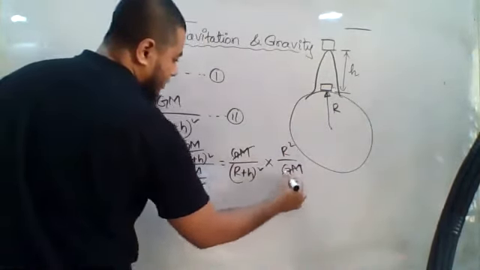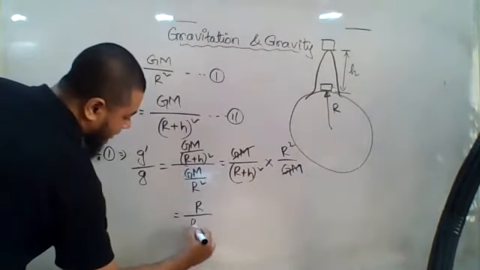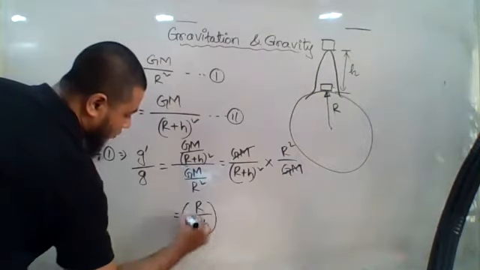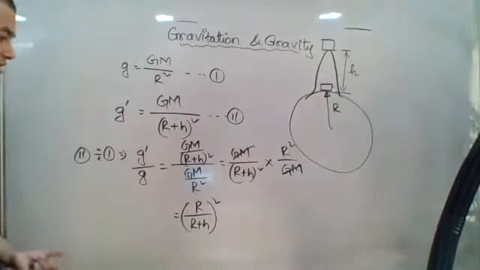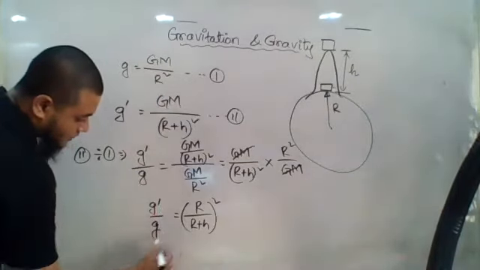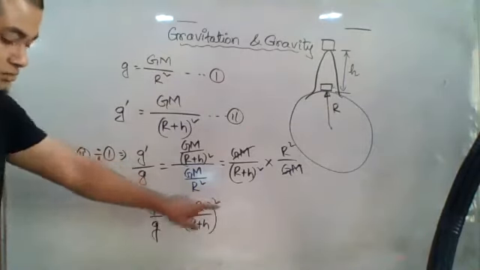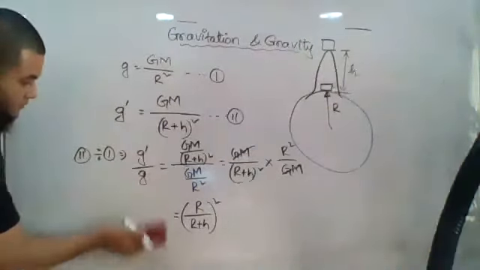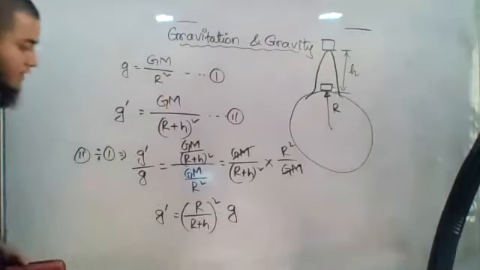So GM and GM we can cancel, so the equation becomes R by (R plus h) whole square. As both of them have whole square, I can just write it like this. So this is equal to g prime by g. If I want, I can cross multiply this g to that side, so this equation will become g prime equals this.